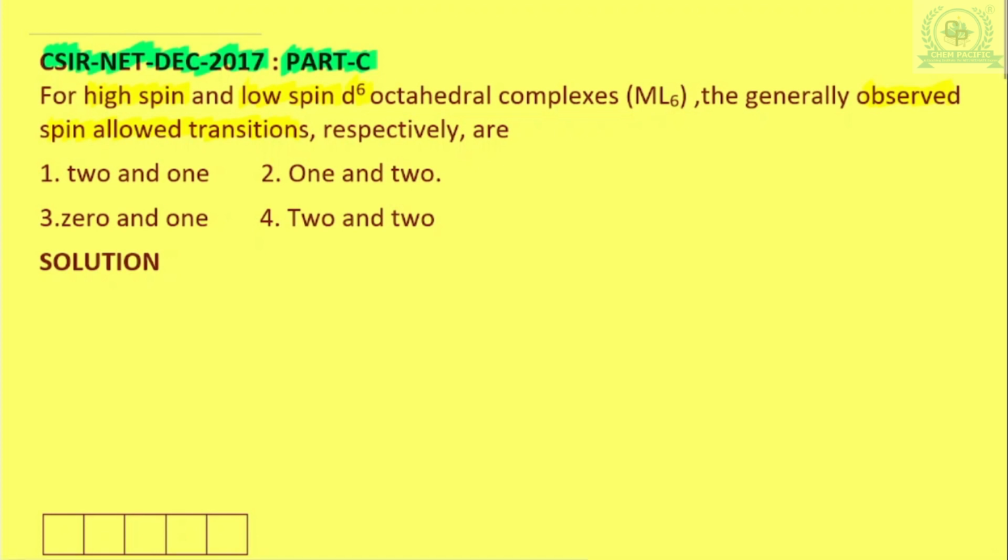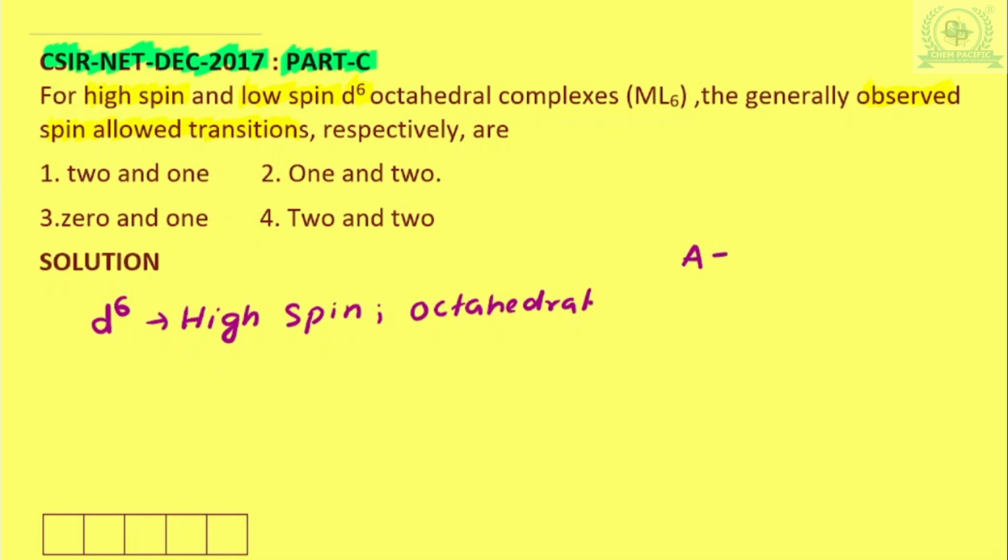So first of all, let us discuss the d6 high spin, which is very easy. This is the d6 high spin octahedral complex. Before I start, I hope you know that the capital A defines when the degeneracy is 1, when it is singly degenerate.